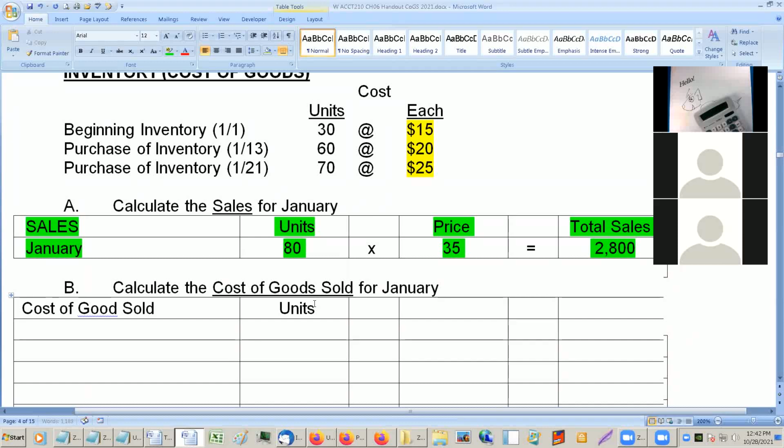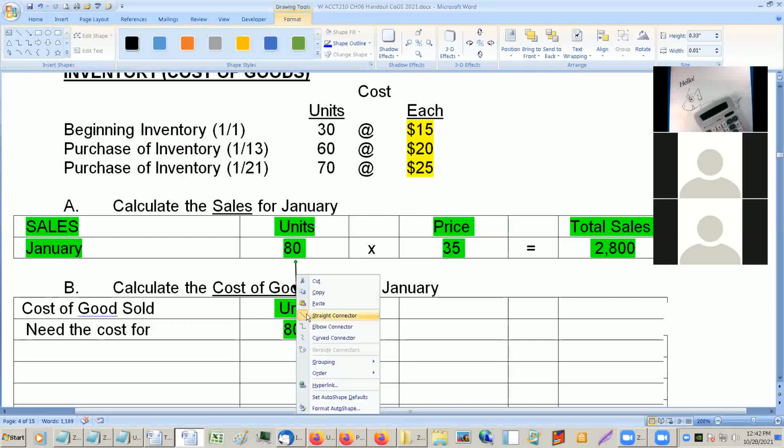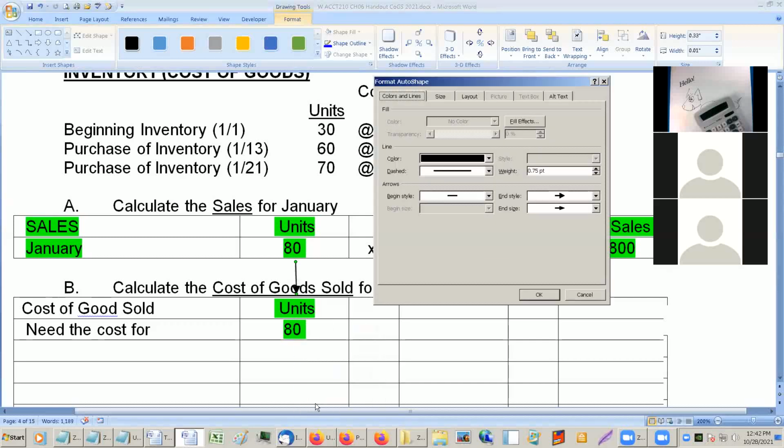Okay, and we need the cost for the 80 units that we have here. So we sold 80 units. We have to find the cost of those.